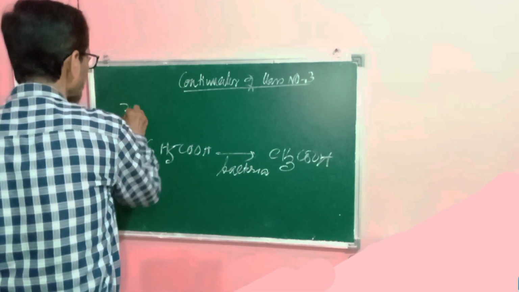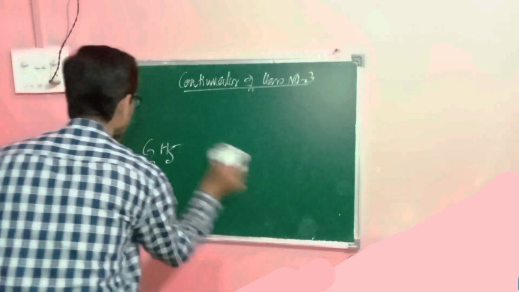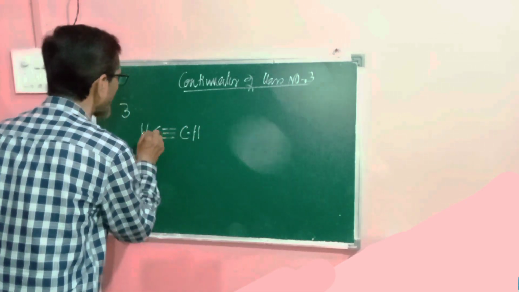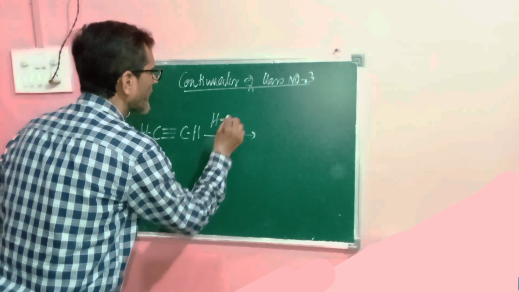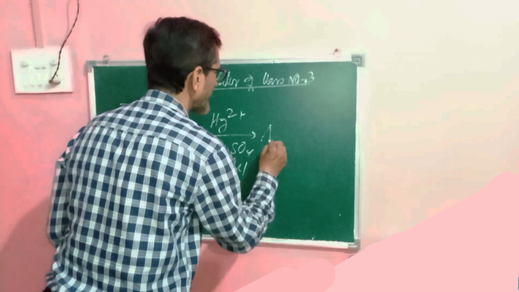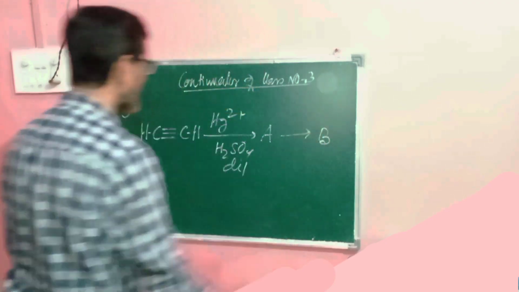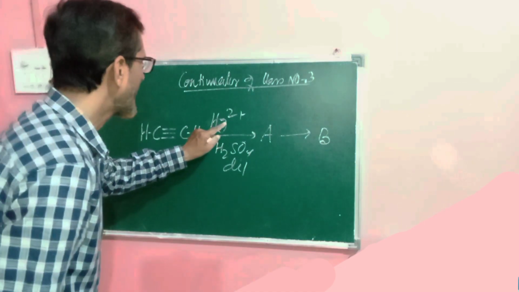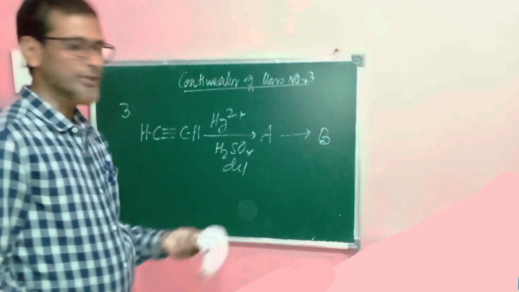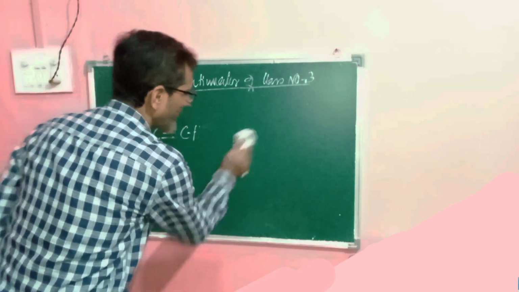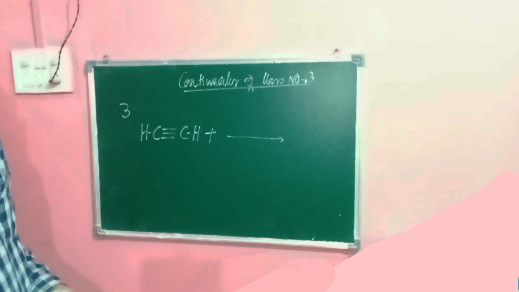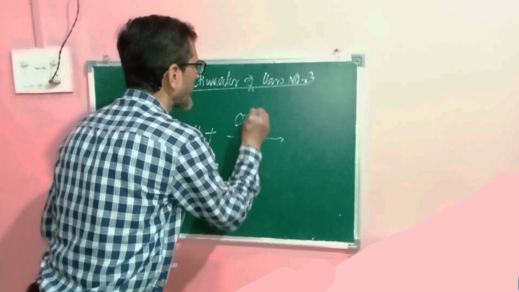The next point is again important and very often comes. This question is related to first year, again related to second year. I don't know, have you done this one? Dilute means water is there. Final product: acetylene, HgSO4, dilute sulfuric acid, what will you get? You can't keep it in your mind simply by learning by heart. Please follow the rule. Since it is dilute, there are water molecules, and that water molecule in presence of acid breaks up into plus and minus.